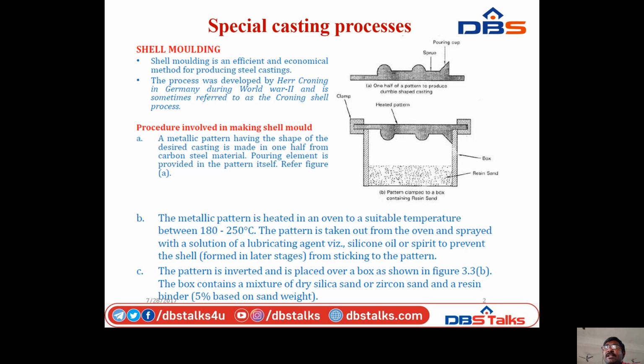Next, special casting processes. First is shell molding. Shell molding is an efficient and economical method for producing steel castings.